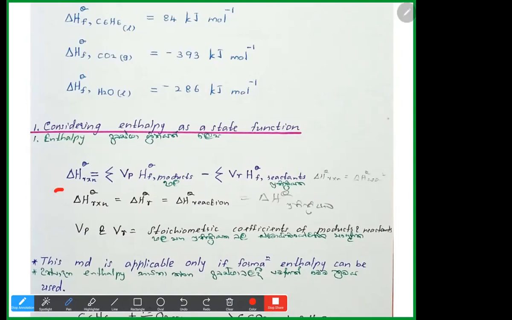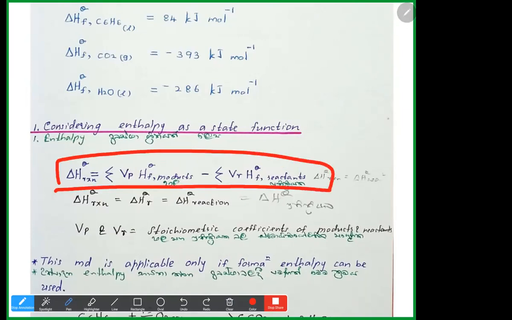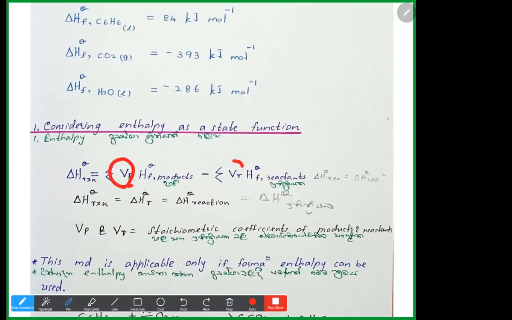This is how you write it. Here vP and vR are the stoichiometric coefficients of products and reactants, P meaning product and R meaning reactant. When getting these enthalpy values, we have to multiply by the stoichiometry to get the total value for the given number of molecules. Delta H rxn means the whole reaction.